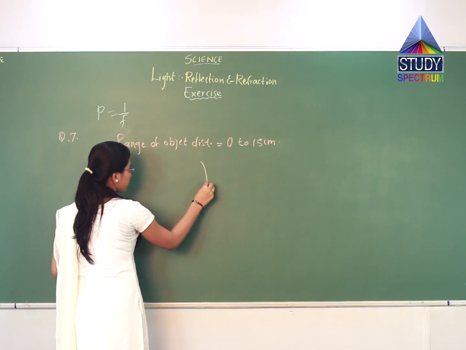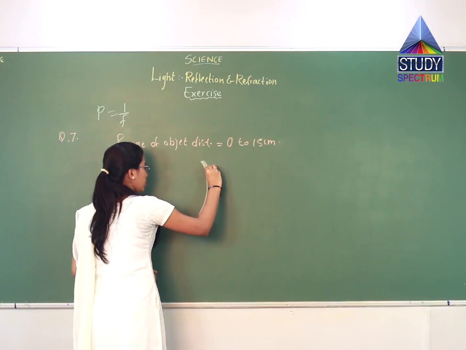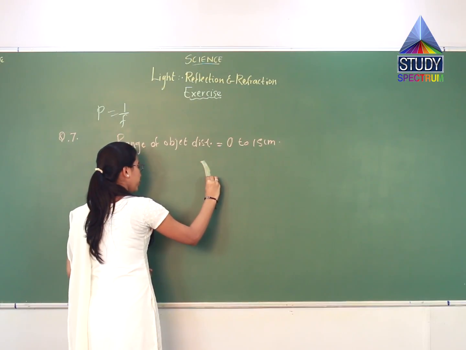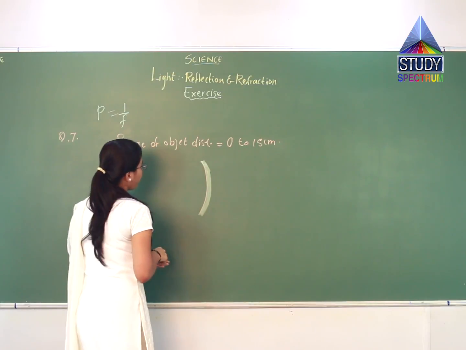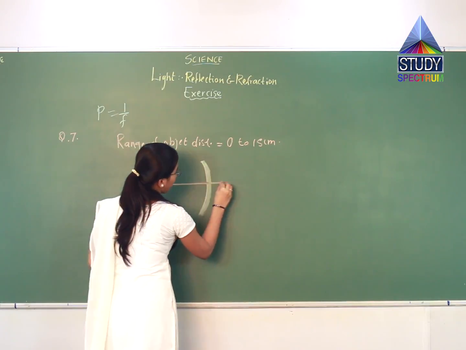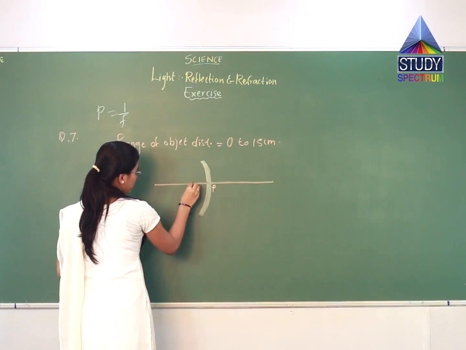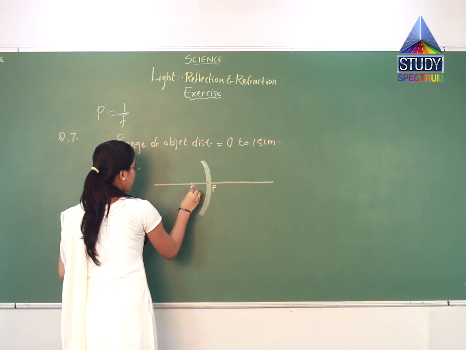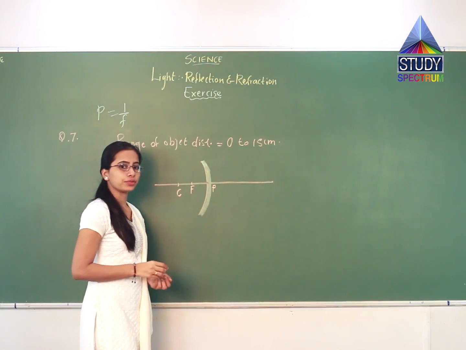Suppose this is the concave mirror we are taking. Then suppose this is the principal axis, here is your pole, here is your focus, and here is your center of curvature.